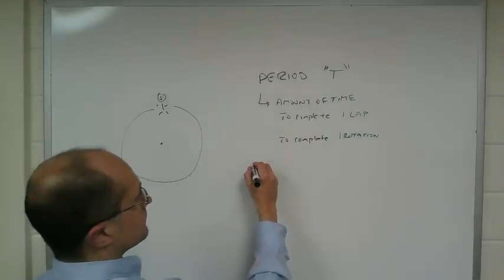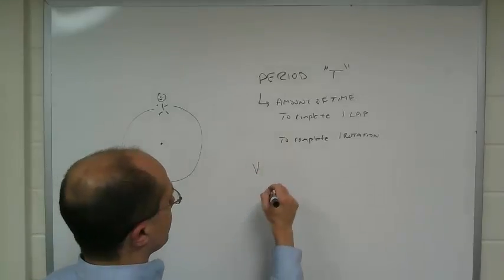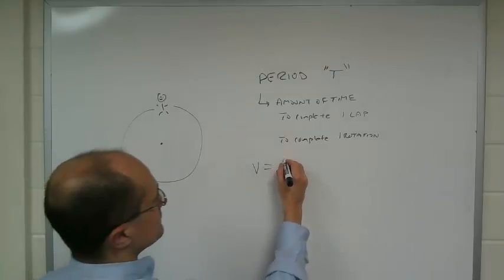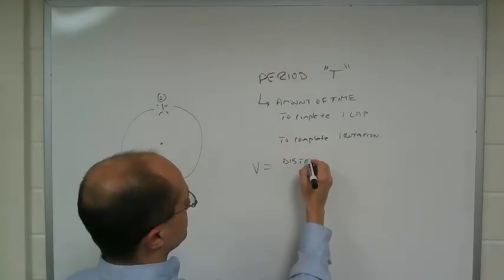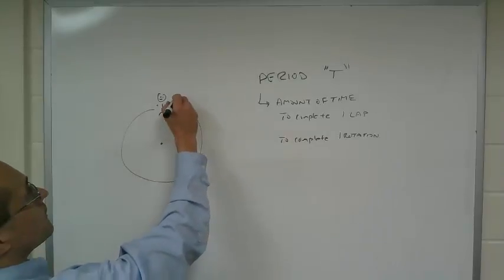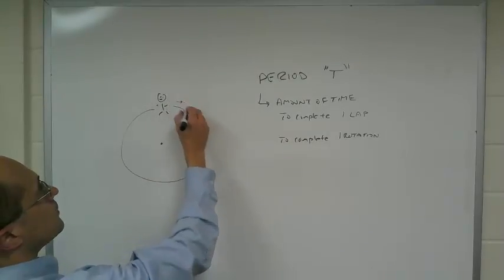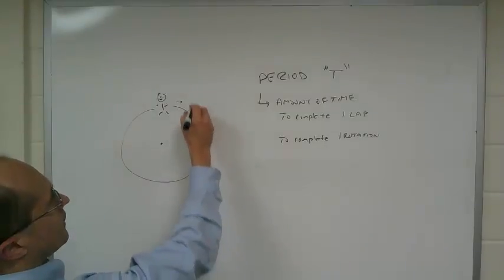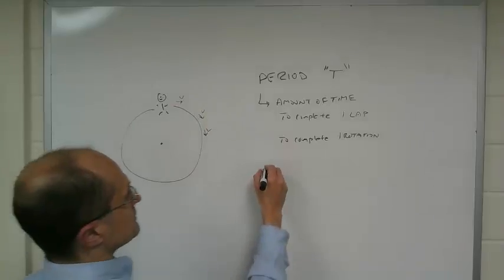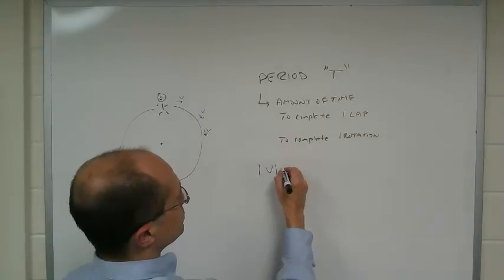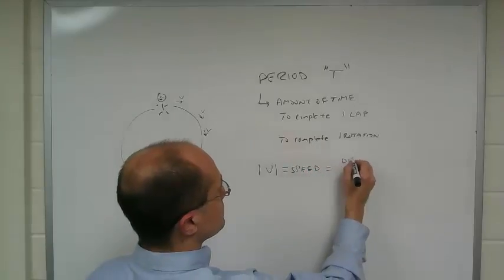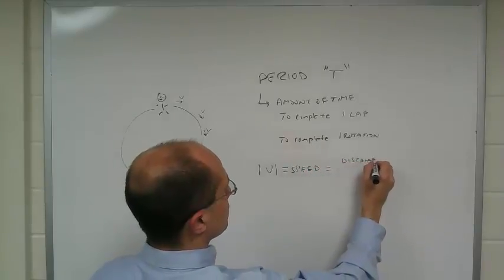Our next step is to say, what's our velocity? Well, velocity, we said, is distance or displacement over time. When we're running around our track, the direction of the arrow changes, but the magnitude does not. So let's take a look at the magnitude, which is the speed that we're running around our track, and that's just our distance over time.